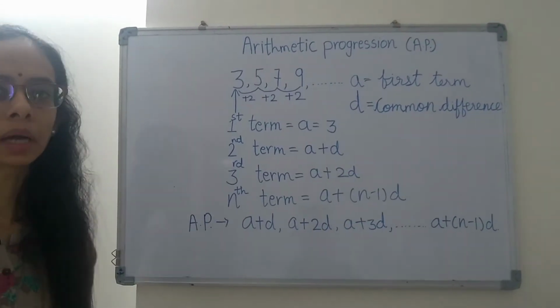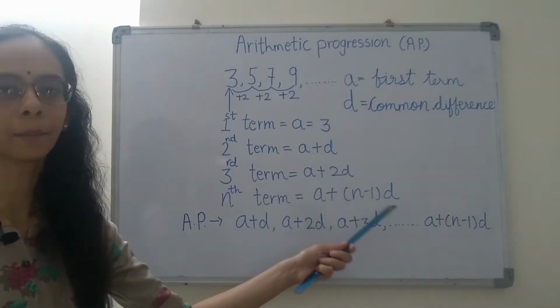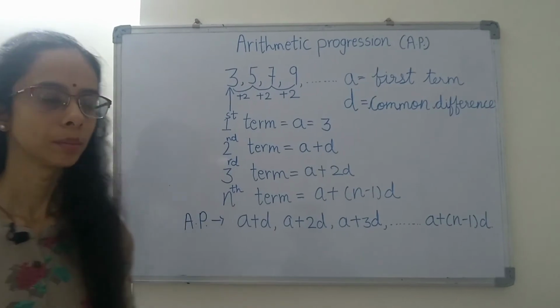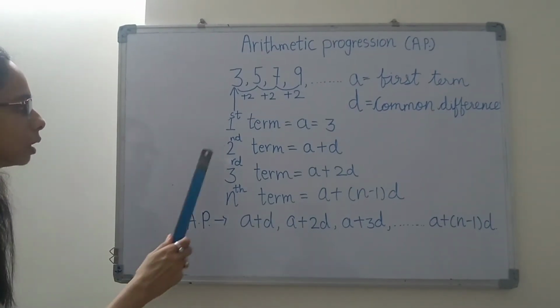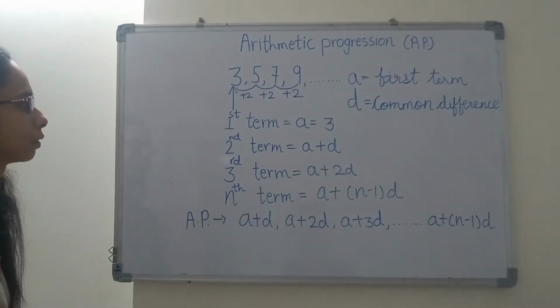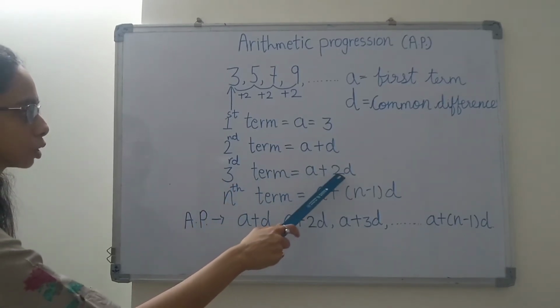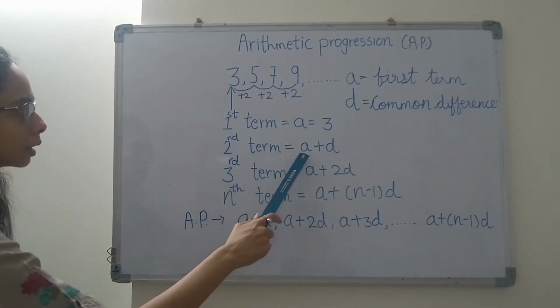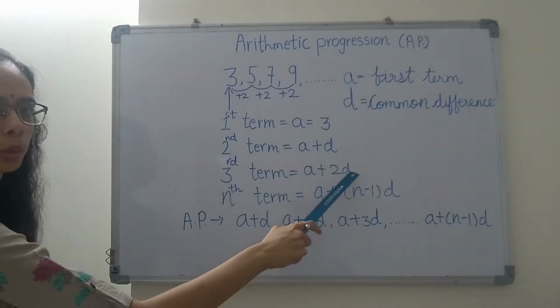Now here the question is: why is the nth term equal to A plus n minus 1 into D? Because if you refer to the pattern over here, then you will find that the second term is equal to A plus D. Fine. The third term is equal to A plus 2D. Here the second term is A plus 1D, the third term A plus 2D.